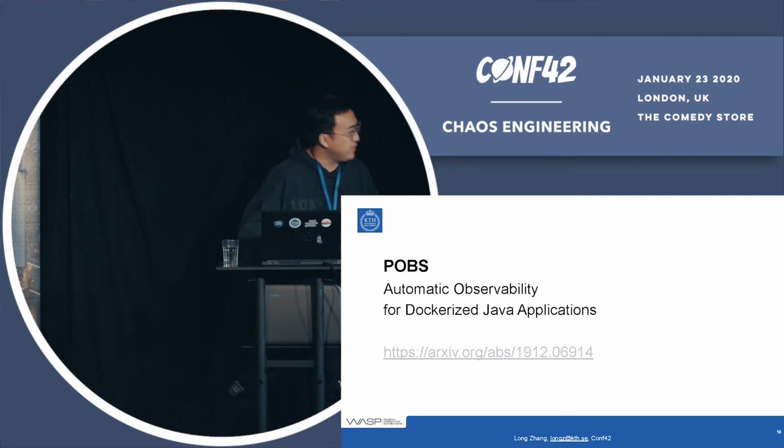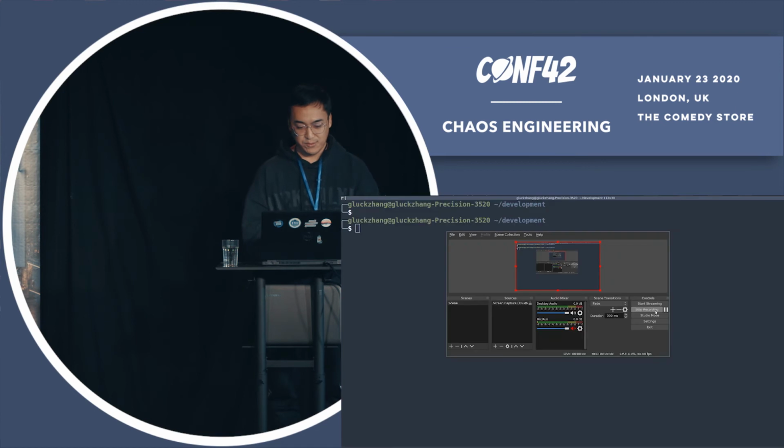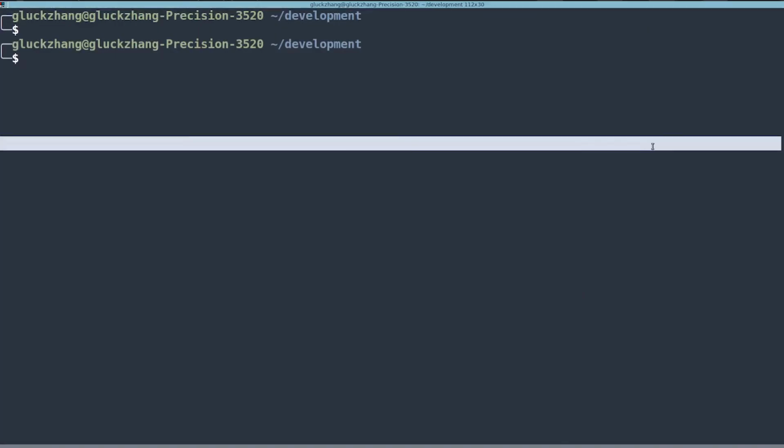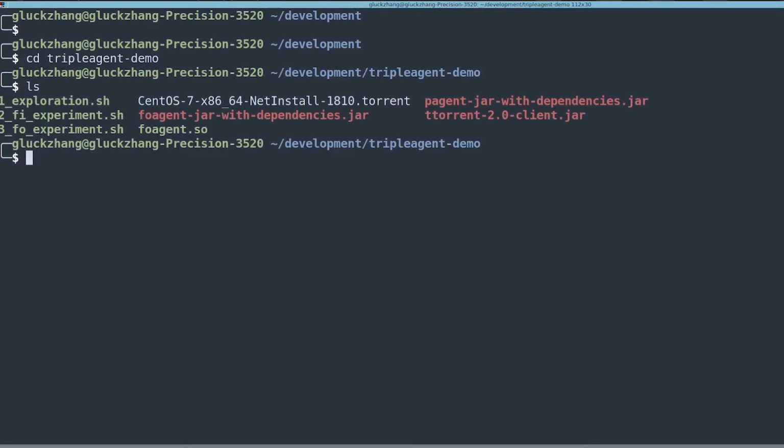Okay, and the final one. I think I still have time, so I could show you some simple commands here first. So this is the folder of the small demo of TripleAgent.